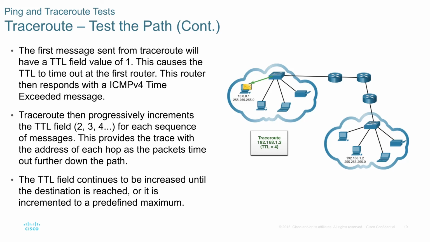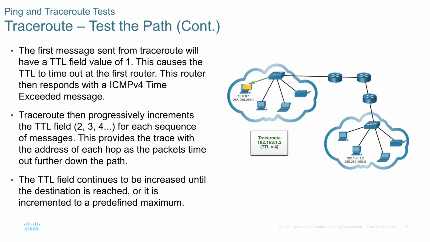Traceroute will then progressively increment the time to live field to 2, 3, 4, and continue on for each sequence of messages. This provides the trace with the address of each hop as the packets time out further down the path to the destination.